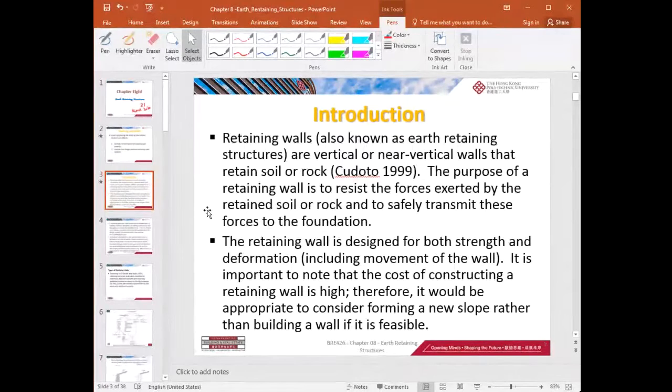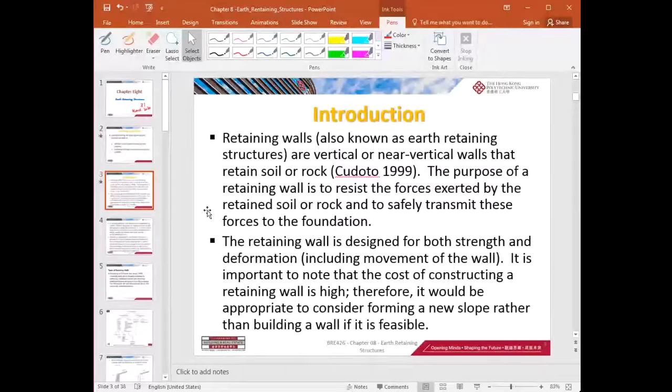And then the retaining wall will transfer the horizontal forces down to its footing, so that it will eventually be supported by the ground under the footing of the retaining wall.